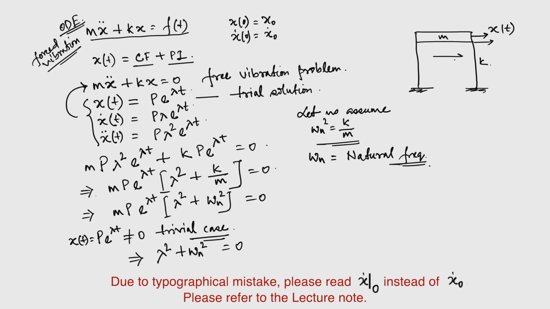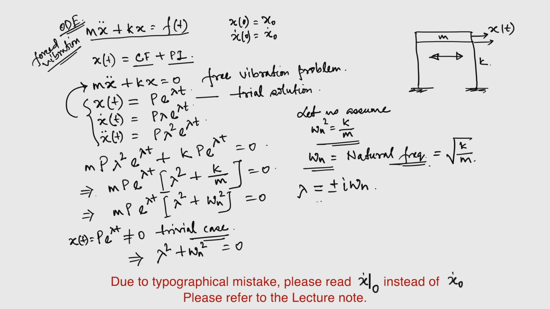It will start vibrating in the horizontal direction, with this natural frequency. So, what is omega n? This is nothing but square root of k by m. Once we do that, we get the expression of lambda, which is equal to plus minus i omega n.